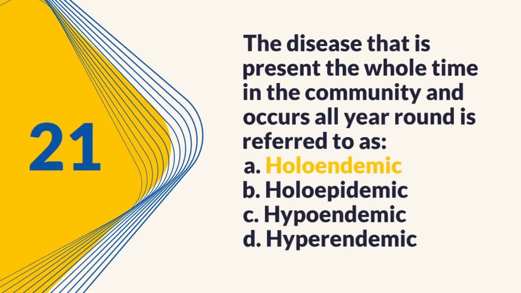Answer: A. Holoendemic. A holoendemic disease is consistently present at high levels in a community throughout the year, particularly affecting young age groups. Hyperendemic, D, indicates high prevalence but doesn't specify age groups. Holoepidemic, B, and hypoendemic, C, are less commonly used terms. So, the correct answer is A, holoendemic.